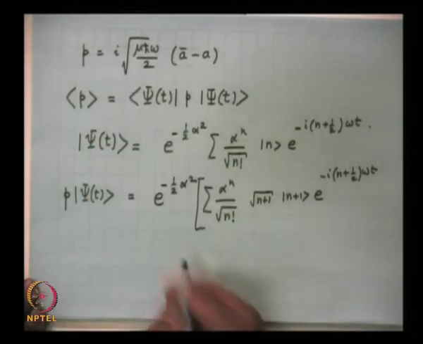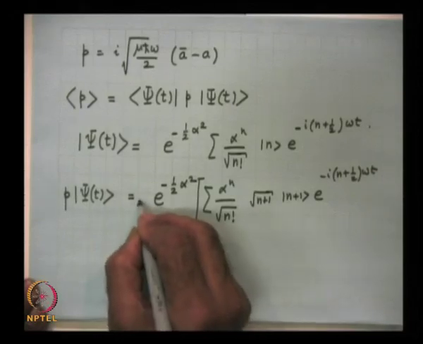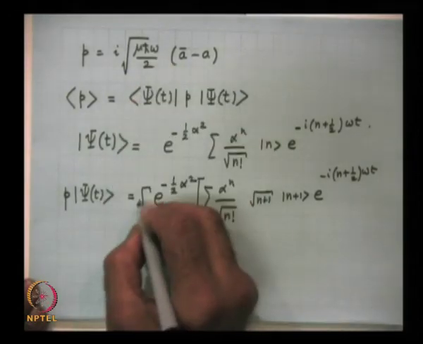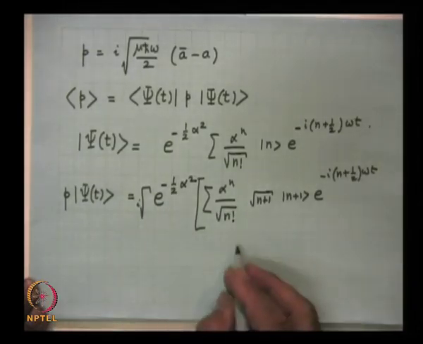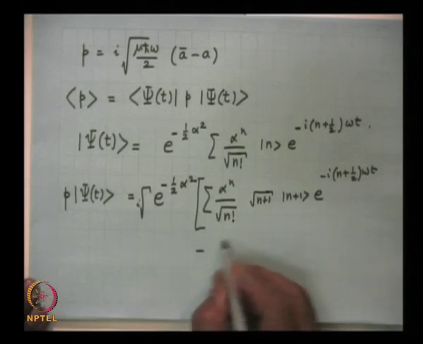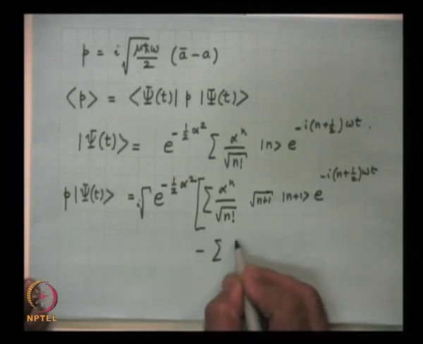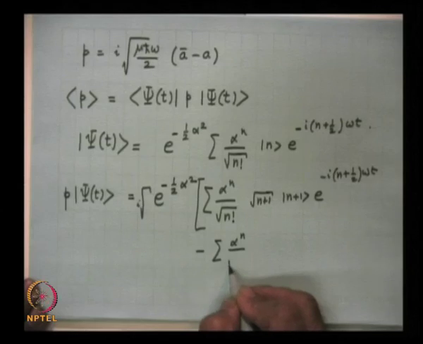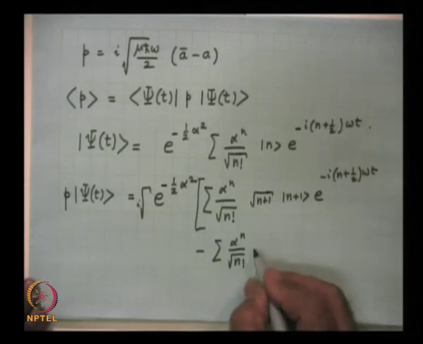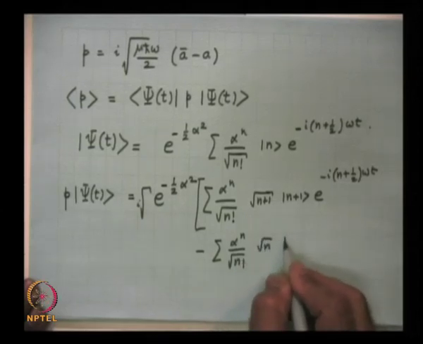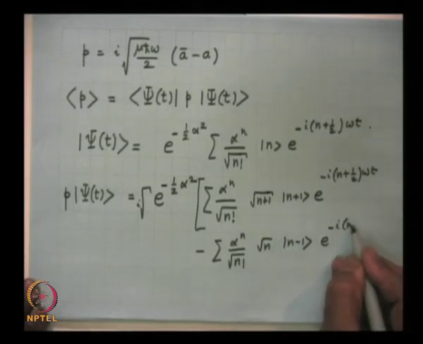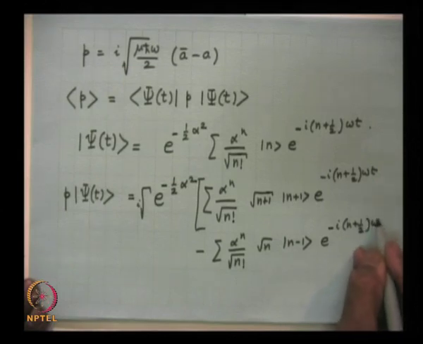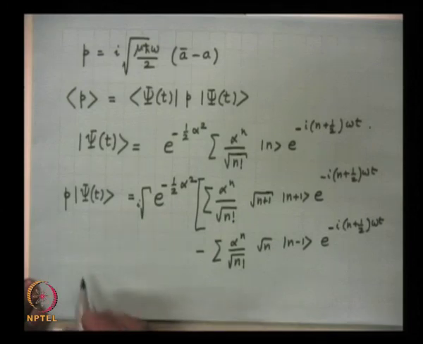So, p will be multiplied by a factor I under root of mu h cross omega by 2, and then you will have a term. A operating on ket n will be square root of n ket n minus 1, e to the power of minus I n plus half omega t. Then one sum will be over.